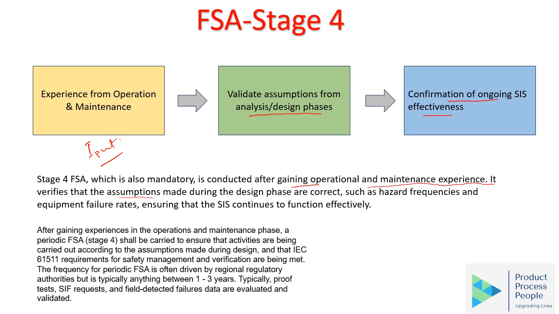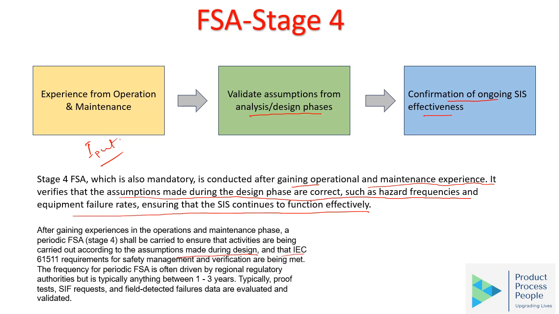It verifies that assumptions made during the SIS design phase are correct, such as hazard frequencies and equipment failure rate, ensuring that the SIS continues to function effectively. After gaining experience in the operation and maintenance phase, a periodic FSA or stage 4 shall be carried out to ensure that activities are carried out according to the assumptions made during the design.